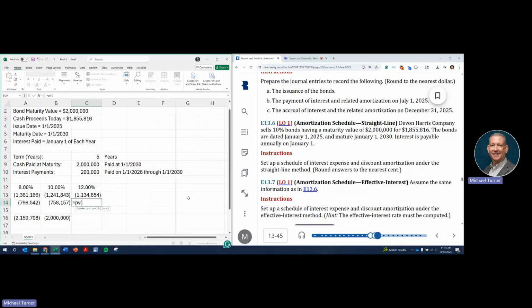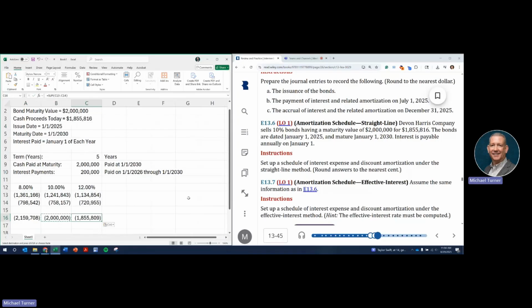The present value of the interest payments at 12%, 5 payments of $200,000 due at the end of each period, is $729,955. Let's see what that sums to. That is very, very close. We have $1,855,809 compared to the actual cash proceeds of $1,855,816. So we're $7 off.